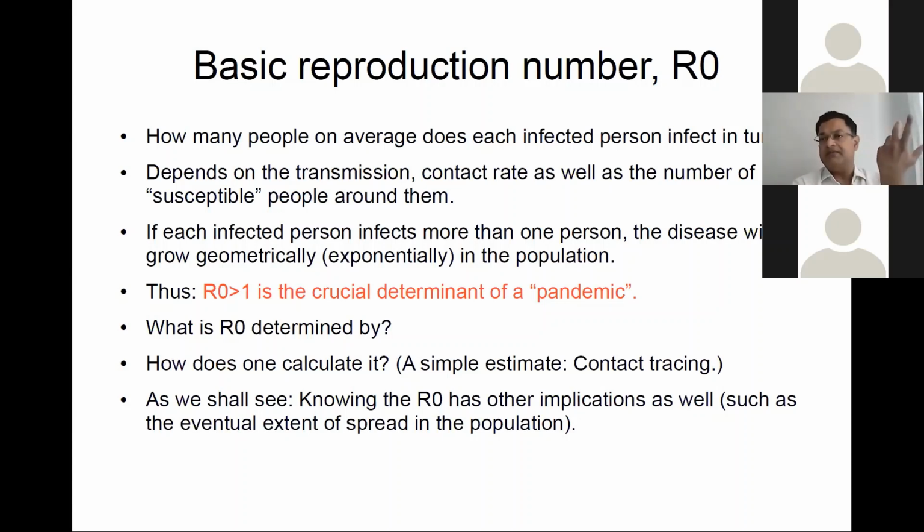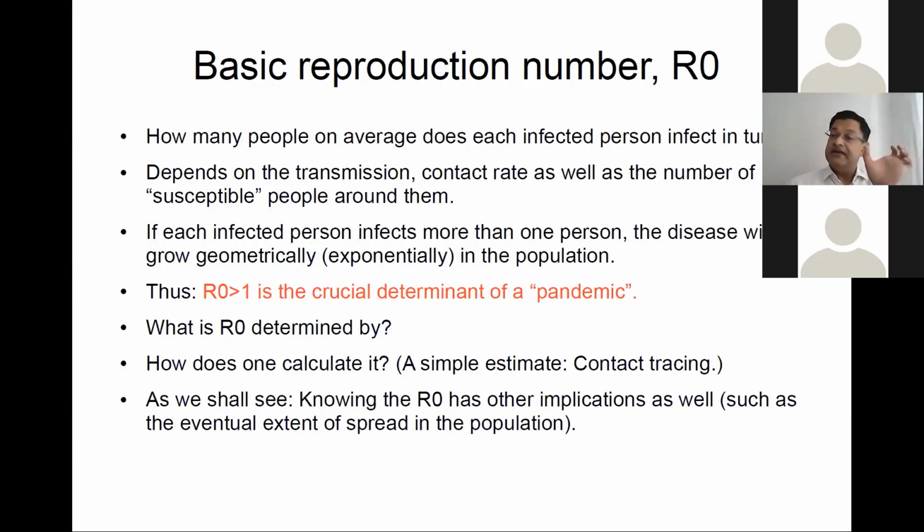That means if there were 10 people, they're going to infect in turn fewer than 10 people. Well, then eventually and very quickly, the infection will actually disappear in the population. It will not grow. So to ask ourselves whether an infection introduced into the population will actually become a pandemic, you have to ask the question whether R0 is greater than or less than 1.